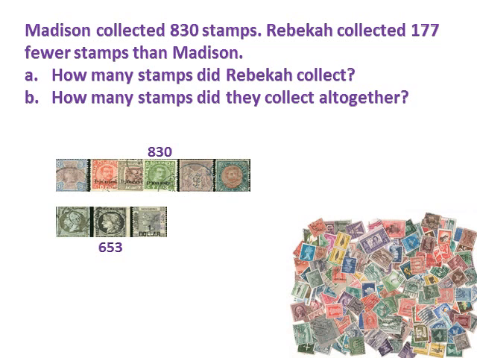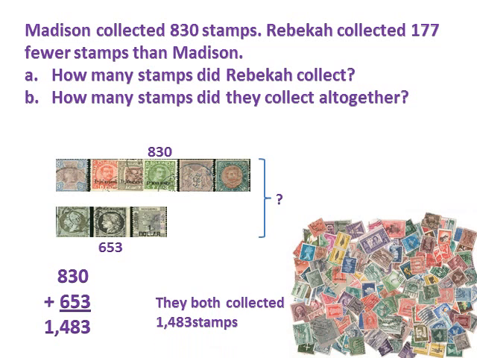We took this answer from the previous question, and you want to find the sum. So we have the brace over there and the question mark, which represents the sum. So we just add 830 and 653, and that would be 1,483. So they both collected 1,483.